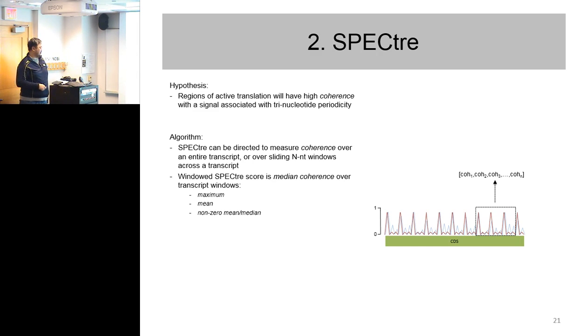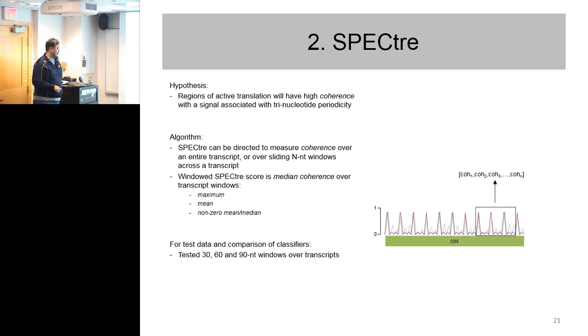The program itself, you can direct it to take different metrics as well. So for the comparison of the different classifiers using the test data, we looked not only at the entire transcript, but we also looked at 30, 60 nucleotide windows. And I'll mention why we did that briefly.